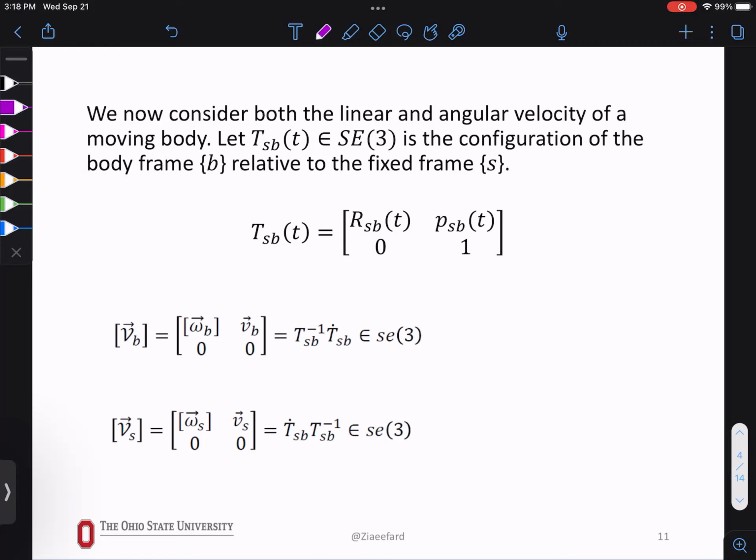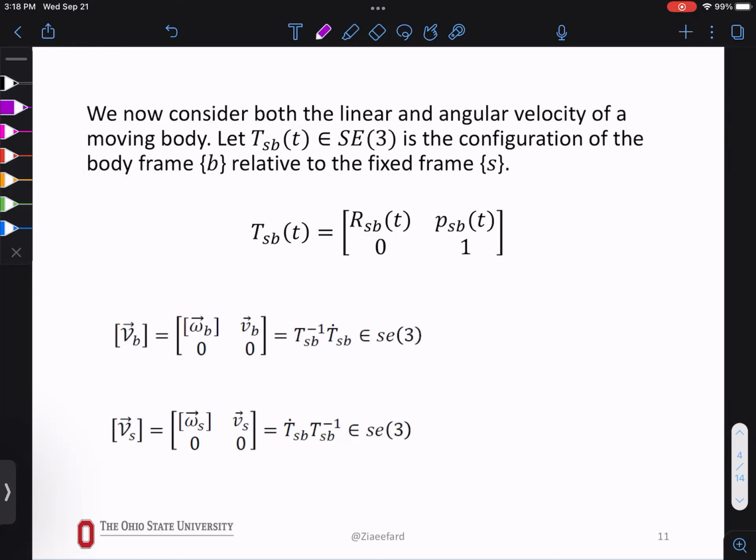Now, we can say the body twist and the fixed twist, or the spatial twist, are related to the transformation as such. So the body twist is T inverse of SB multiplied by T dot. You already know how to do this.